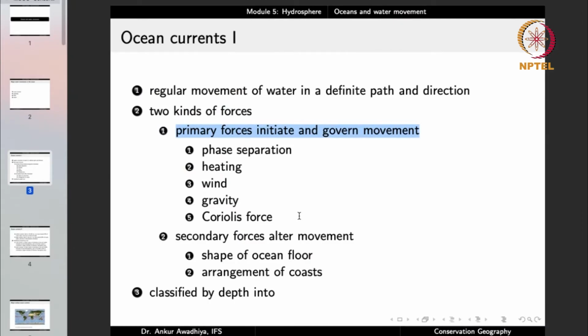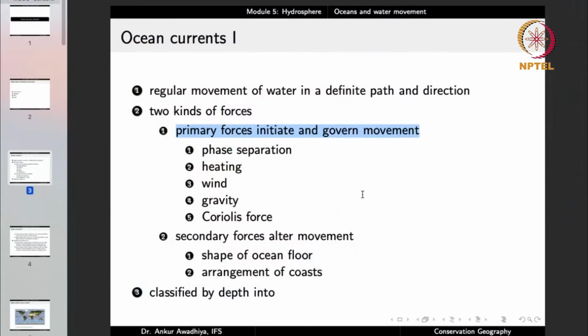Another primary force is the Coriolis force, because it governs the movement. And as we have observed before, Coriolis force is a fictitious force that happens when you have movement on a body that is rotating with respect to an inertial frame of reference.